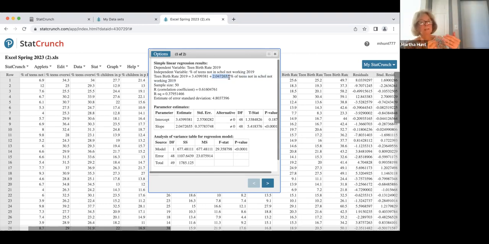Okay. And I think that's explained in the video, and I think it's explained in the notes. You start by talking about the kids not working going up by 1. And then you don't say it causes, you say it's associated with an increase of so much in the birth rate. Okay. So that's that particular piece of it.